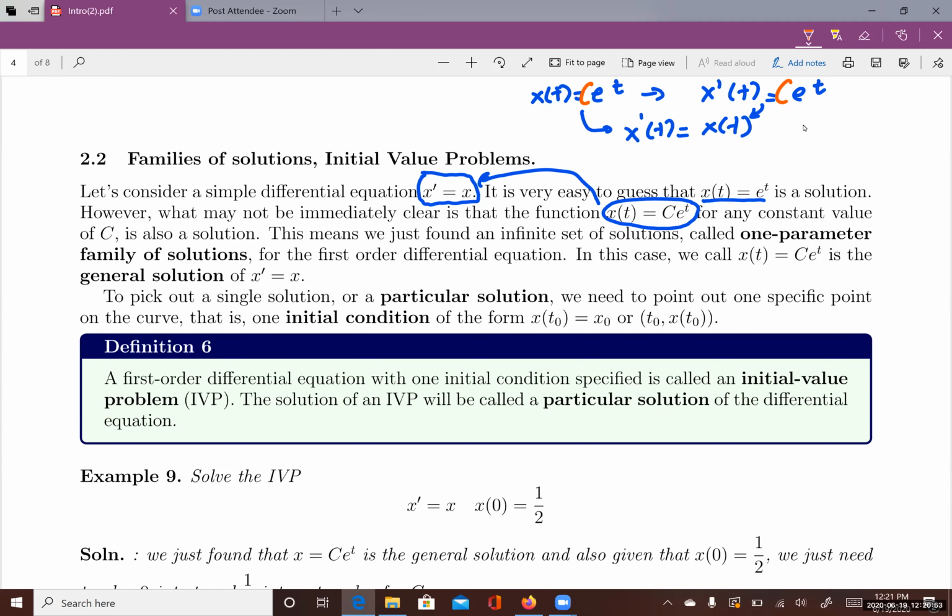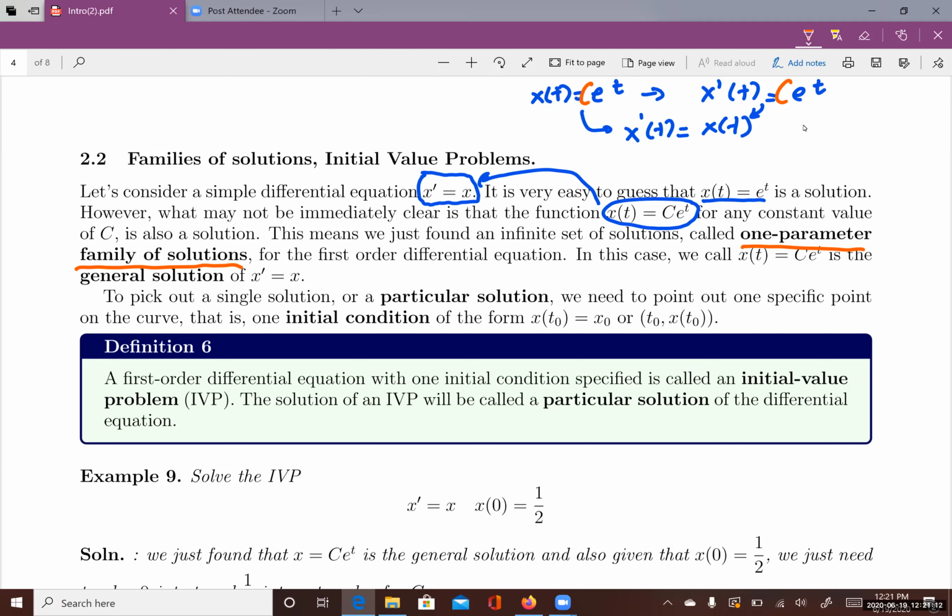Okay, so we're saying it because we have infinitely many values for c. That means we just found a family of solutions for this differential equation, or it can be called a one-parameter family of solutions because the constant c here is one constant parameter.